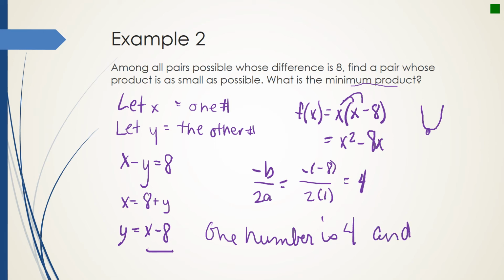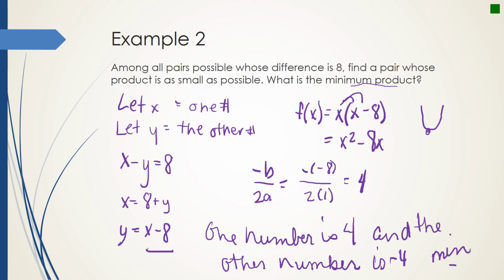And the other number is negative 4, because we put that in here: x is 4, minus 8 is negative 4, and their minimum product, when you take 4 times negative 4, is negative 16.